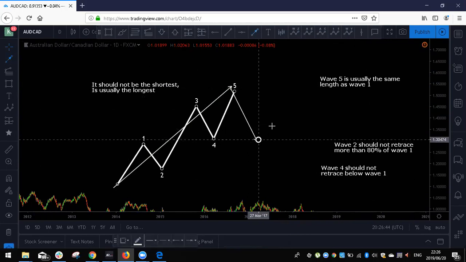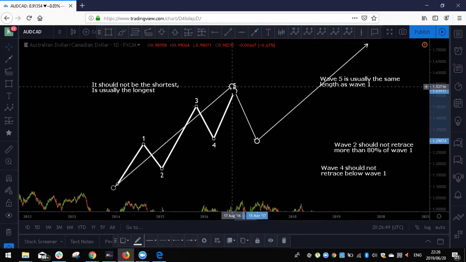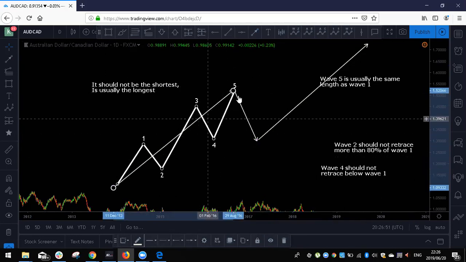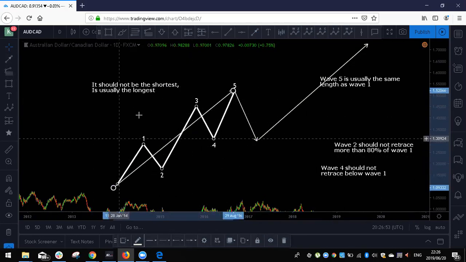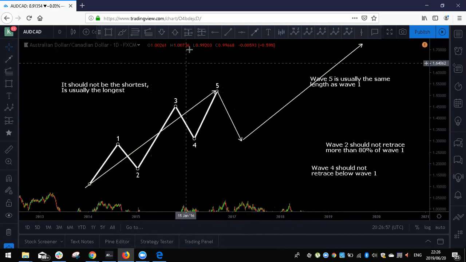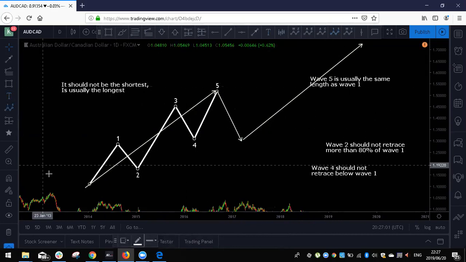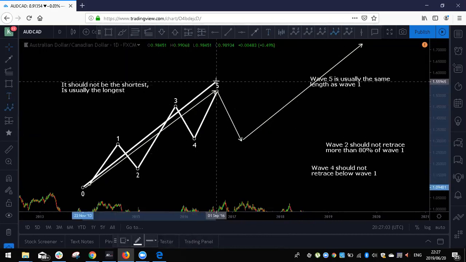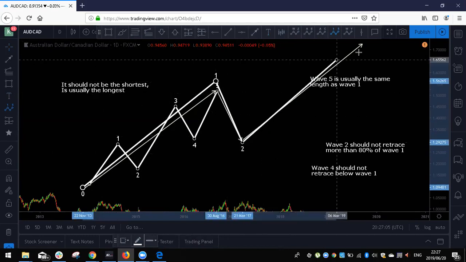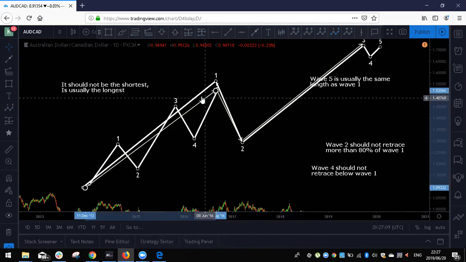Do you understand what I'm trying to say? I'm trying to say wave 1 is composed of 5 waves. Yes, I see that. So on a higher degree, it's going to be like this: 3, 4, 5. Let me delete this.